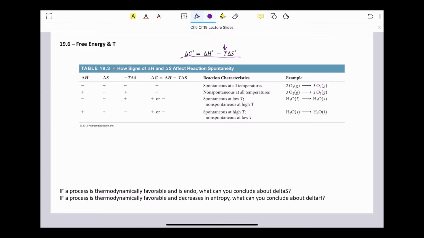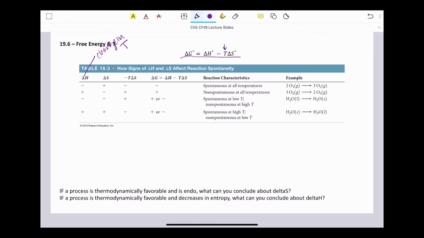Things to think about: delta H is enthalpy, and that's an exchange of thermal energy. So observationally, if we're evaluating some information, what we're looking for is a change in temperature.